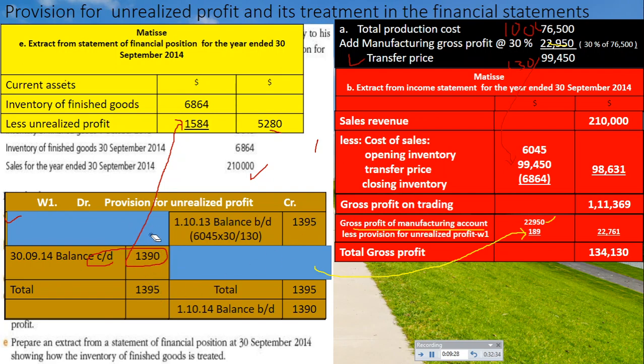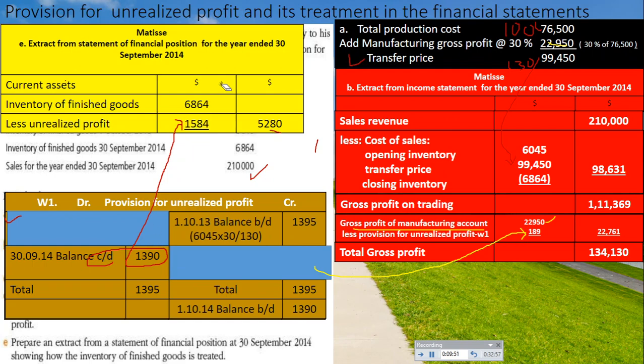So the missing figure is going to come in your debit side as $5. Notice it here. Pause the video and see it's going to come here, not here. So what to do in that case? That's the question. So we can easily use our simple logic. If it had come here, we are subtracting. So if it comes here, it means we need to add it up, like in our provision for bad debt. So that's what we are going to do.